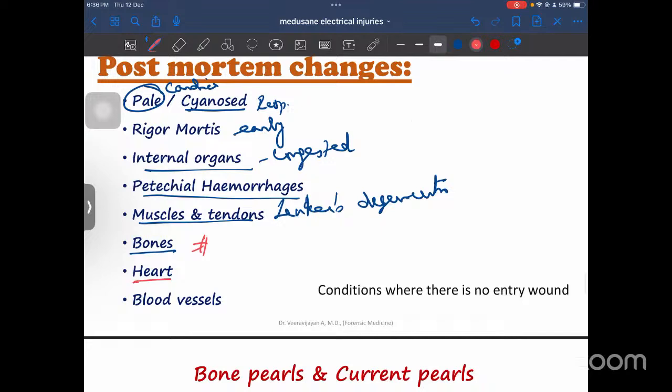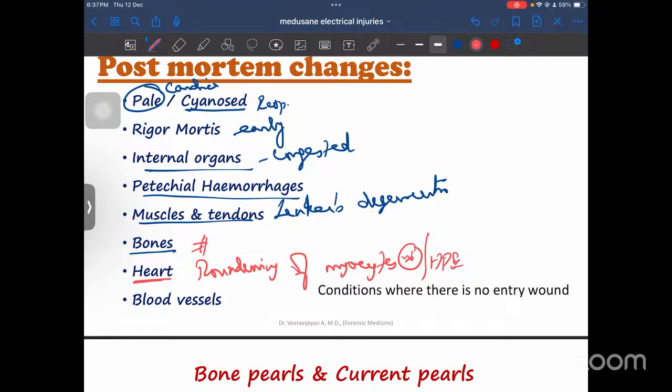In the heart, the heart will be soft. Sometimes petechial hemorrhages we can appreciate. The important thing to note here is that in the heart, most of the time electricity will produce rounding of the myocytes. This is the important point to note, rounding of myocytes. It's a HPE finding.